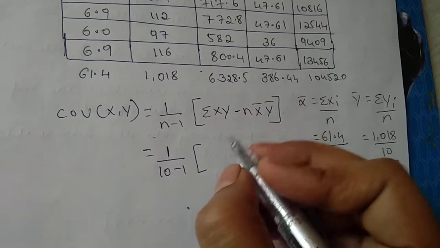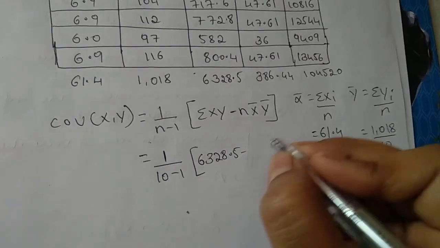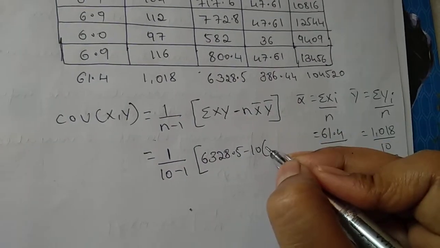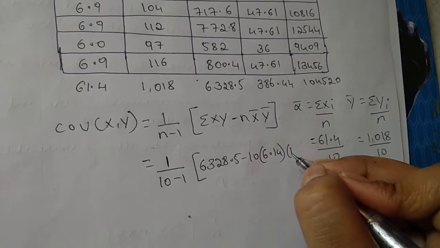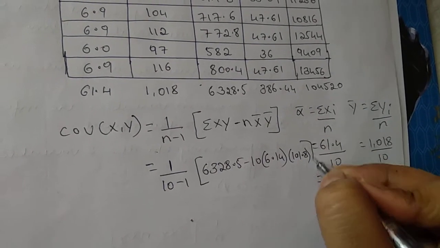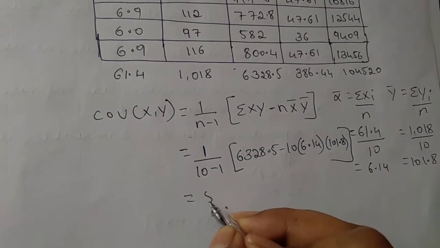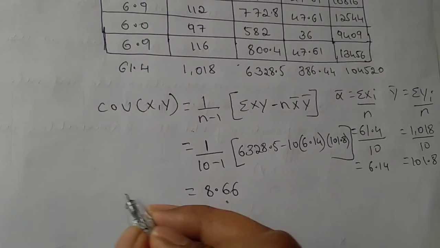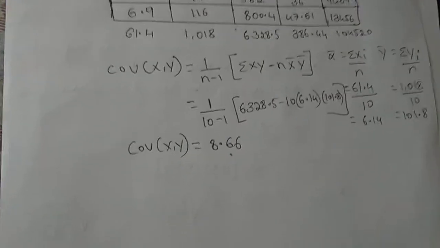Summation xy is 6,328.5 minus 10 into 6.14 into 101.8. Okay, so we will get the value as 8.66. This is covariance of x comma y.